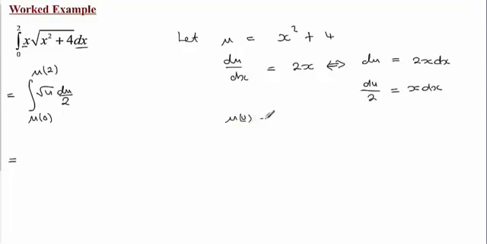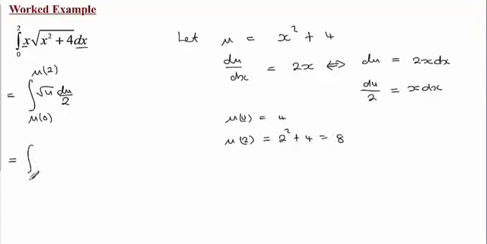Then calculating u at 0, we notice that we get 4, and u at 2 we get 2 squared plus 4, which is actually equal to 8.